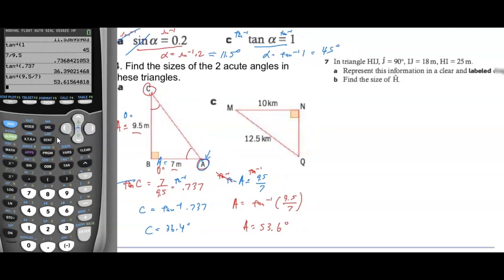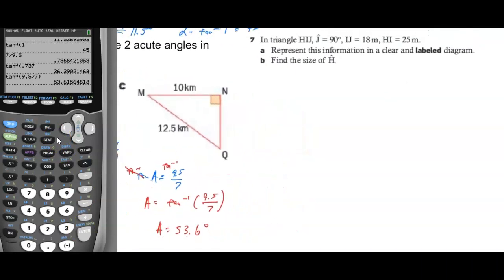Okay. Let's try this one. So we're going to find the angle M, and we're going to find the angle Q. Let's do M first. M, this would be the hypotenuse, and this would be the adjacent. So AH, that would be CAH, cosine of M is equal to 10 divided by 12.5.